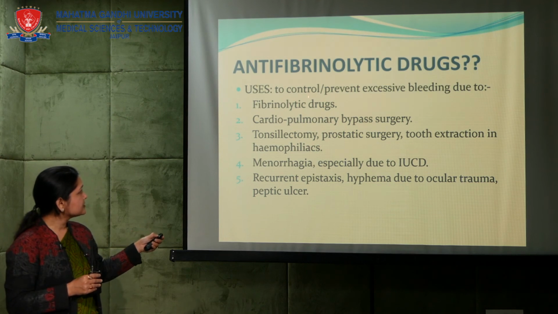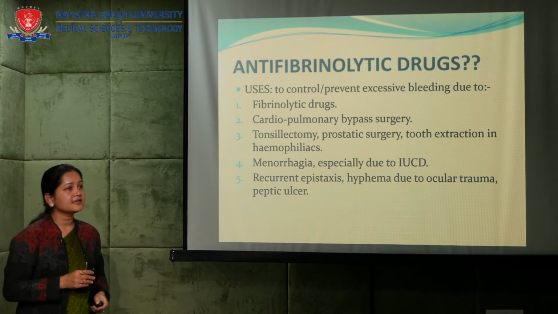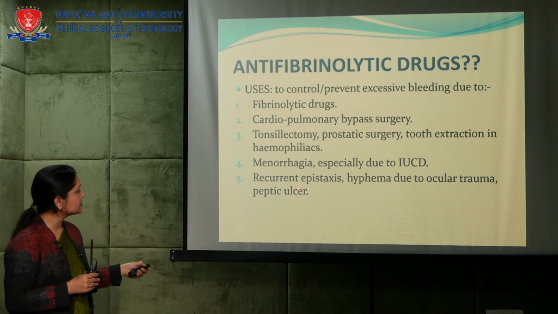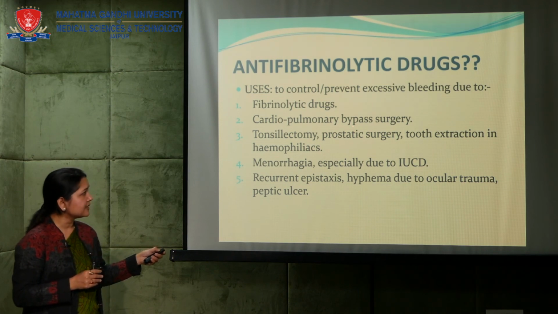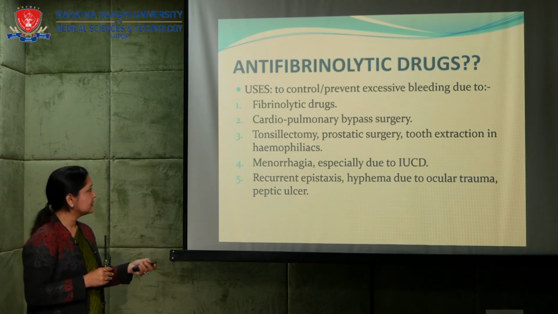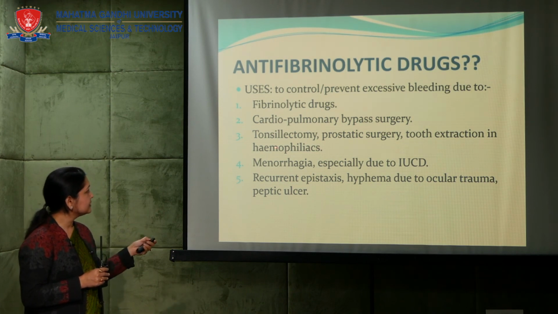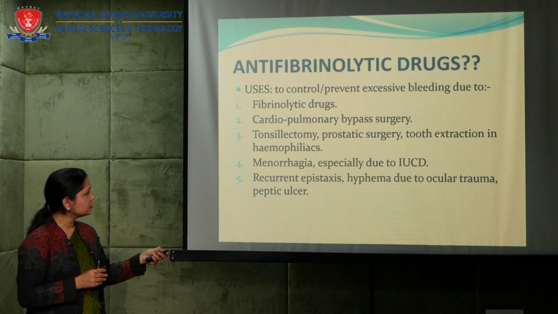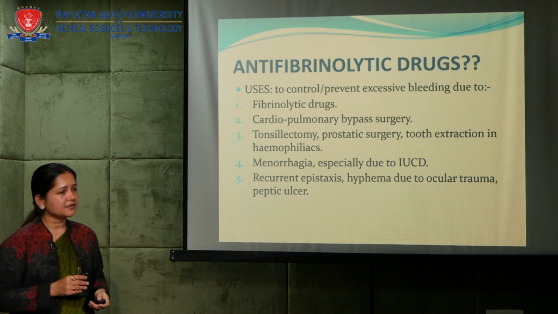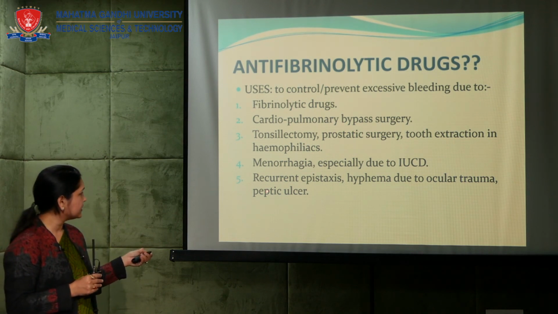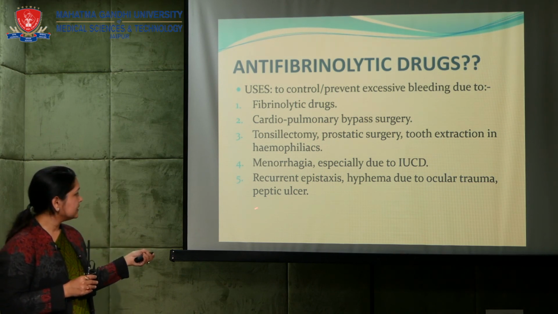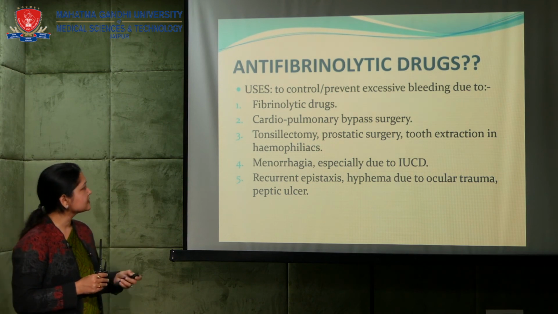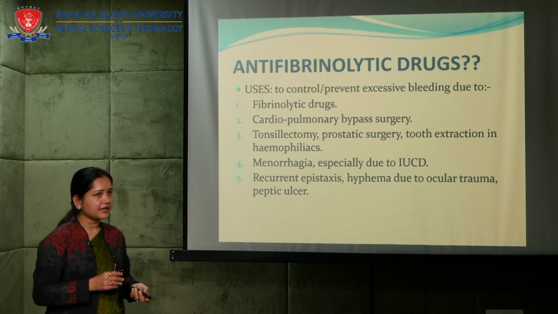It is used to control or prevent excessive bleeding which can occur in conditions like use of fibrinolytic drugs, cardiopulmonary bypass surgery, tonsillectomy, prostatic surgery, tooth extraction, hemophilia, menorrhagia especially due to intrauterine contraceptive devices, recurrent epistaxis, hyphemia due to ocular trauma, and peptic ulcer. In all these cases, if there is bleeding, you can use these antifibrinolytics.